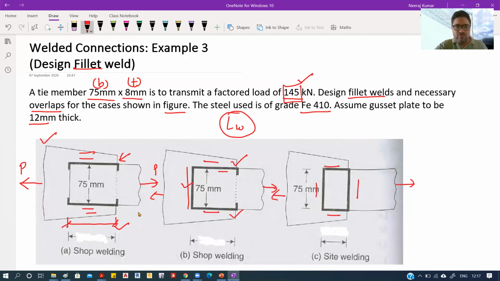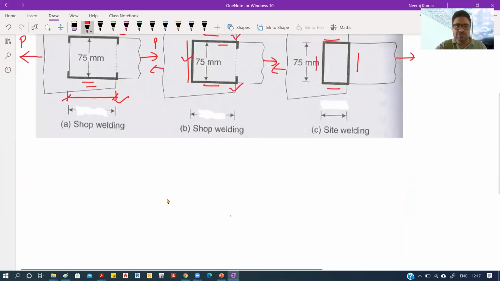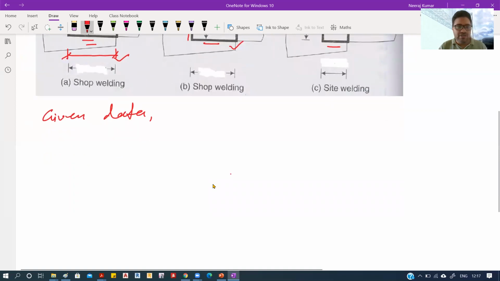So we will start this numerical. So the first process is to write the given data. Whatever data is given, we will write here in our solution. So given data. The first data which is given here is the size of tie member.